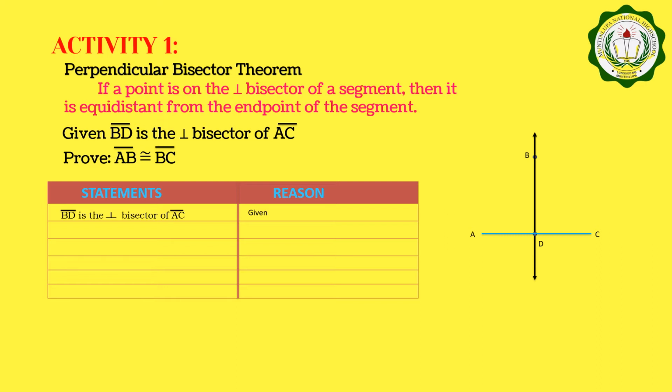Of course, we can deduce the following statements. We can have segment AD congruent to segment CD, and angle ADB and angle CDB are right angles.